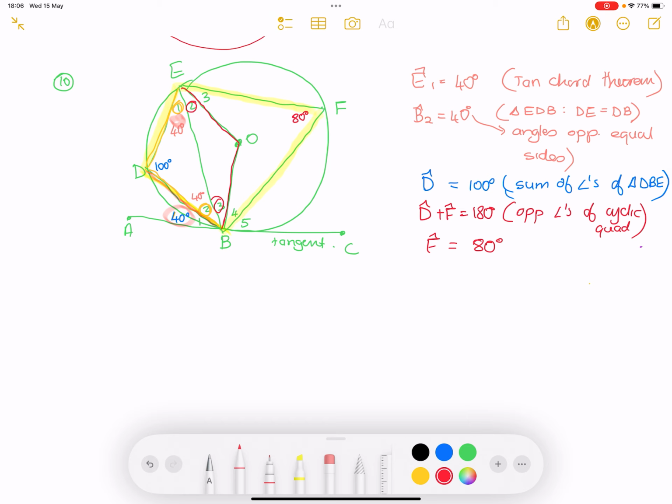Right, then angle EOB. Angle EOB is 2 times angle F, because this is angle at center and angle at circumference.